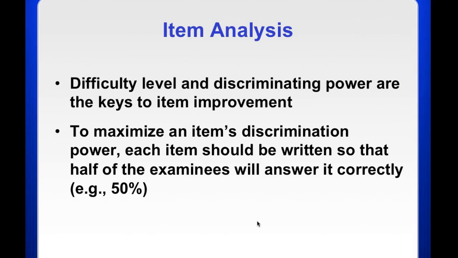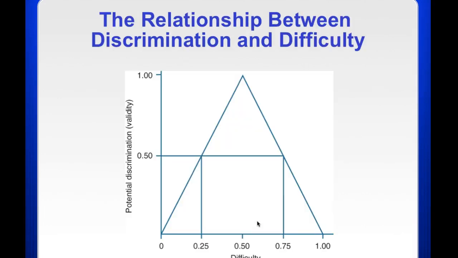Like, it doesn't matter if you knew all the material well or if you did not know the material well for the whole test, you would still have a good chance of getting that one question on the test correct. So that would not have good power of discrimination. So here's the figure that I was talking about. And as you can see, as difficulty goes up, at least up to 50%, so does discrimination.